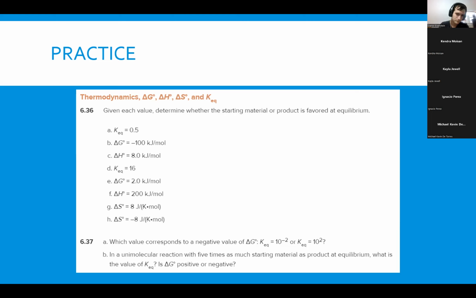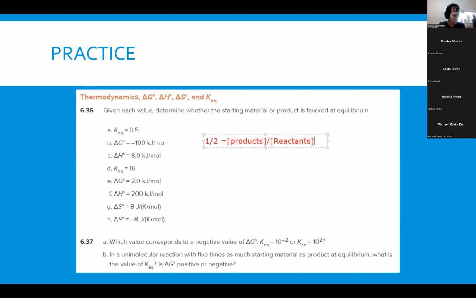So there's a few ways to look at this. Number one is just to memorize that if K is below 1, then it is going to favor the reactants. The other is how I like to do it, which is to look at it more mathematically. 1/2 equals products over reactants.